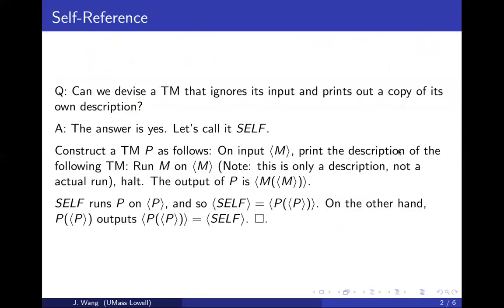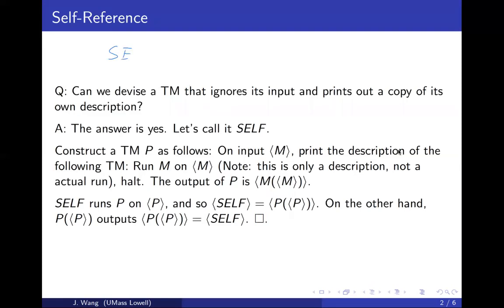Let's first look at this question. Can we devise a Turing machine that ignores its input and prints out a copy of its own description? What that means is, can we construct a Turing machine, let's call it SELF?